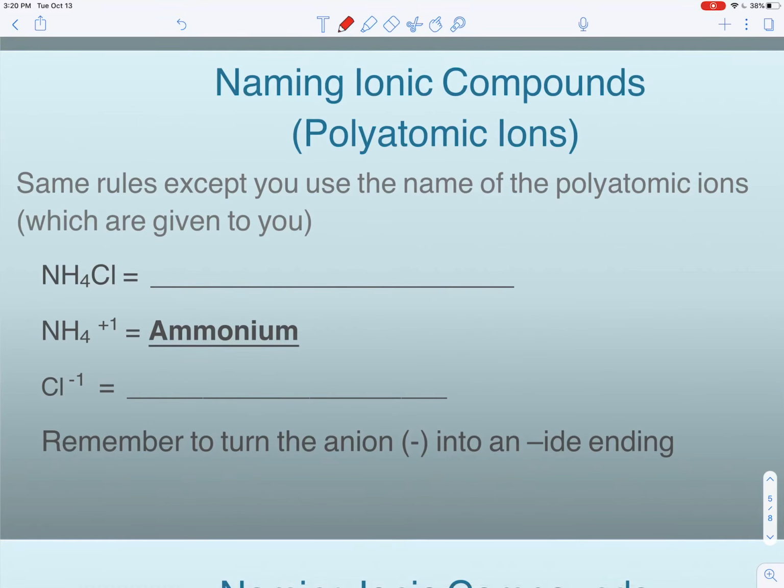All right, let's try one more of these. We have NH4Cl. We're looking at this ionic compound. And so the cation here is our polyatomic ion. It's NH4 plus 1. It's called ammonium. And so what would we change chlorine to? Remember that we do want to have that IDE ending. So what would chlorine become?